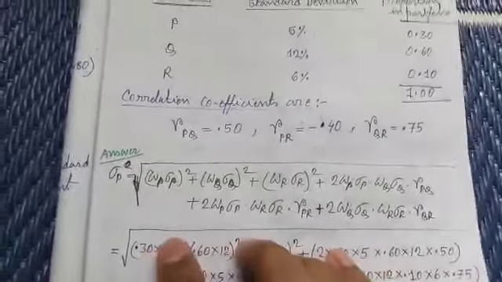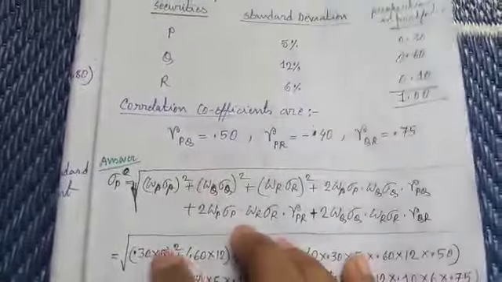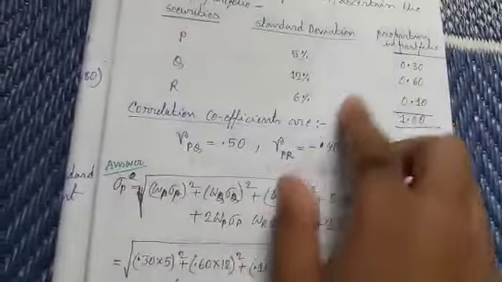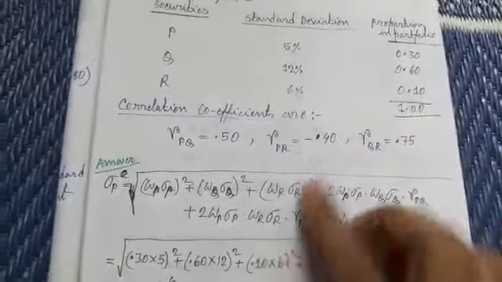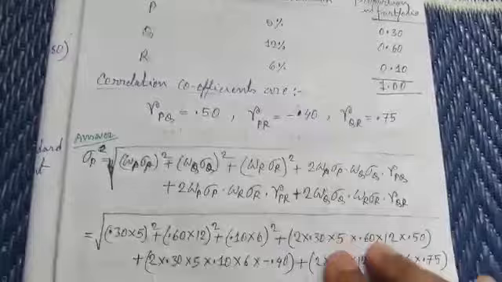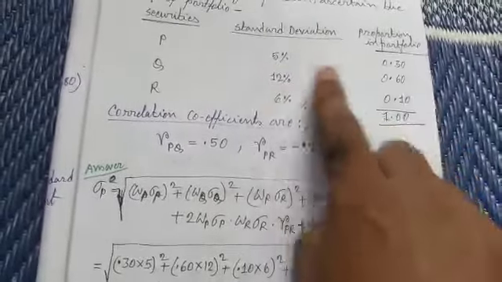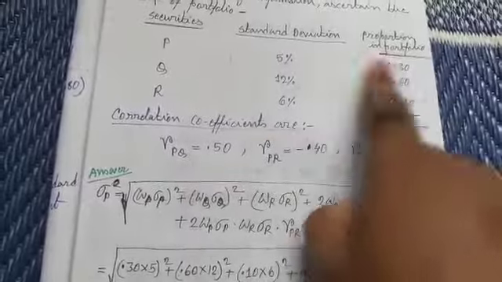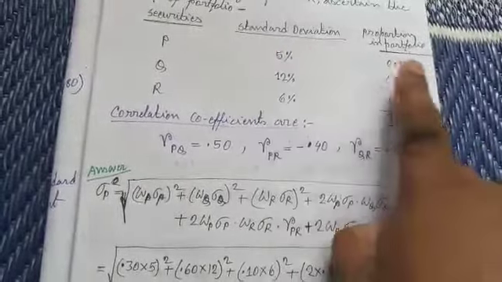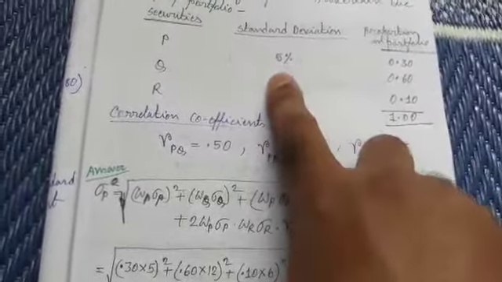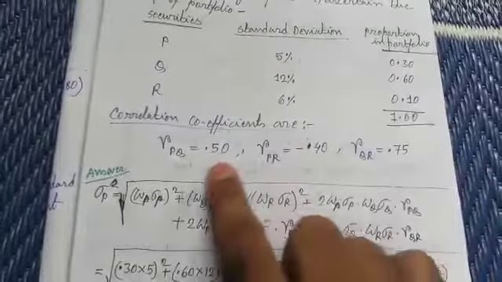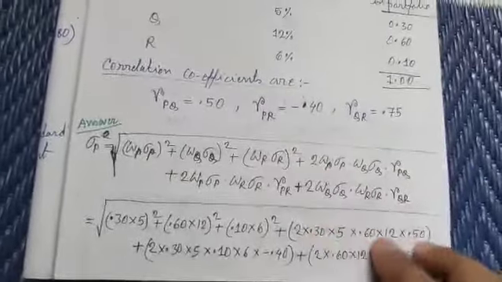So the result will be 0.30 into 5 whole square plus 0.60 into 12 whole square plus 0.10 into 6 whole square plus 2 into WP into sigma P, WQ into sigma Q into RPQ. Here RPQ is 0.5, so this is to be written.